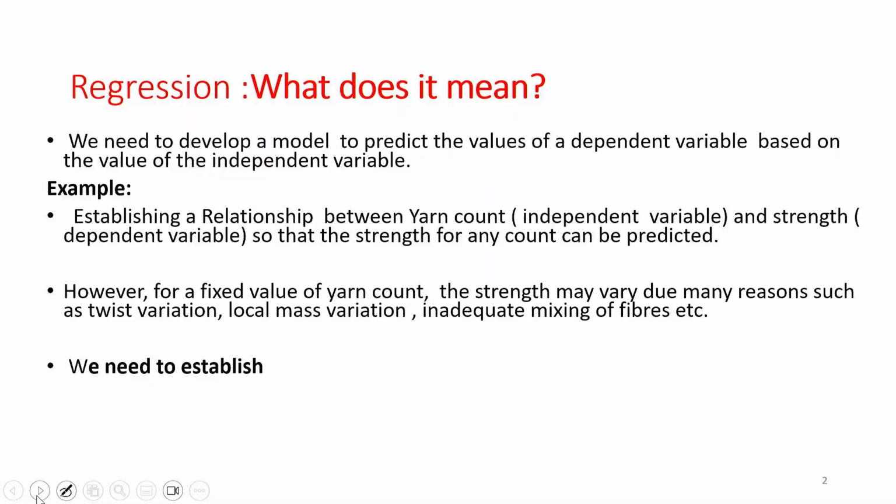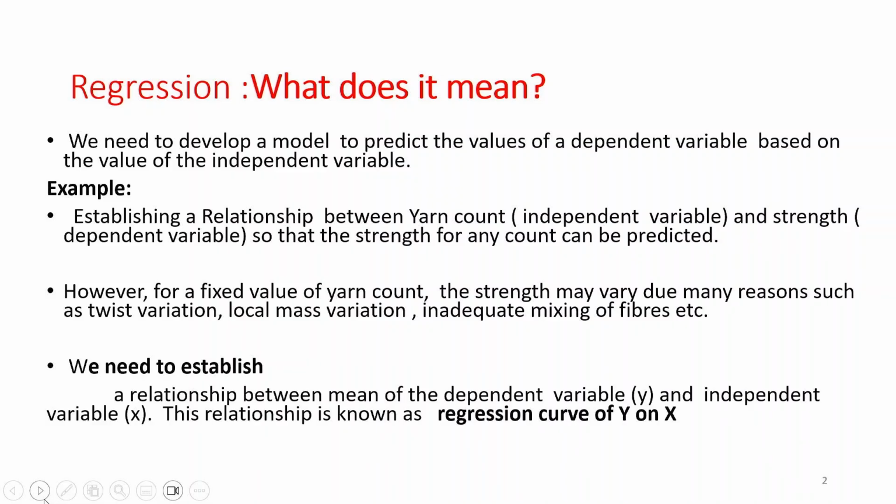But our focus in this particular session will not be on multiple regression, but only on regressions where there is one independent variable and one dependent variable. What we need is to establish a relationship between the mean of the dependent variable and the independent variable.